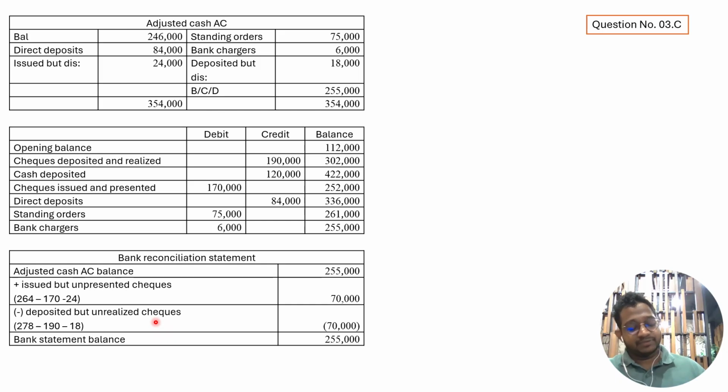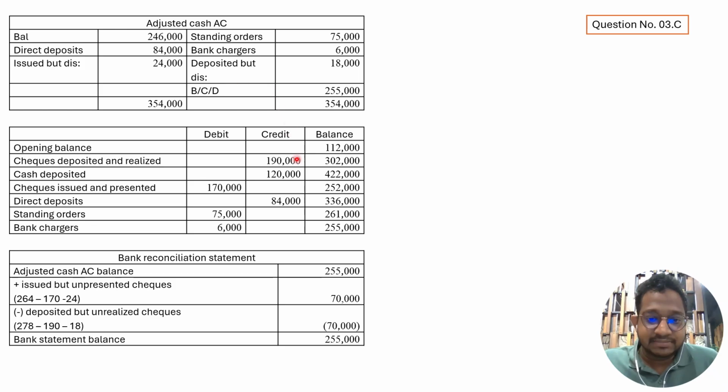And here in the first adjustment, it says of the total checks deposited in the cash account, the total checks deposited is 278,000. From that, 18,000 were dishonored. So when you're depositing a check, you are debiting that to the cash account, and when those are dishonored, you should credit that to the cash account.